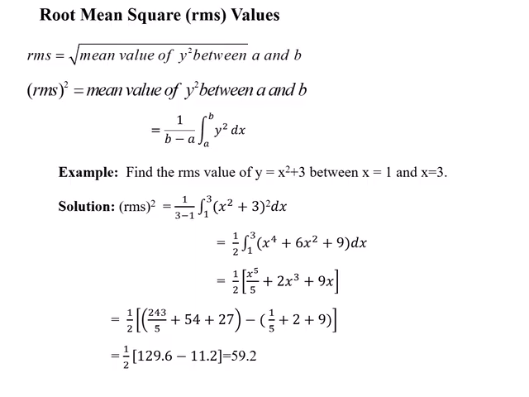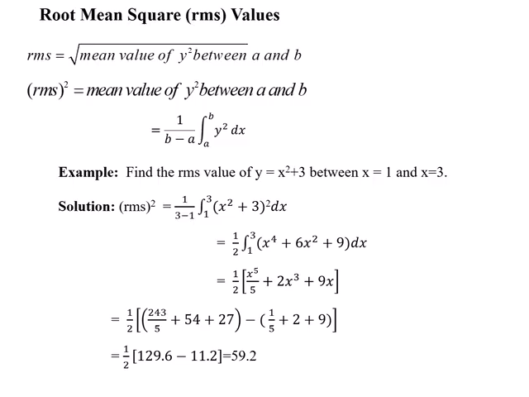Then you substitute the value of y, then you square it, and put in the intervals, that is from 1 to 3. Where you see a, put 1. Where you see b, substitute 3. Then we now integrate and substitute the boundary values there.